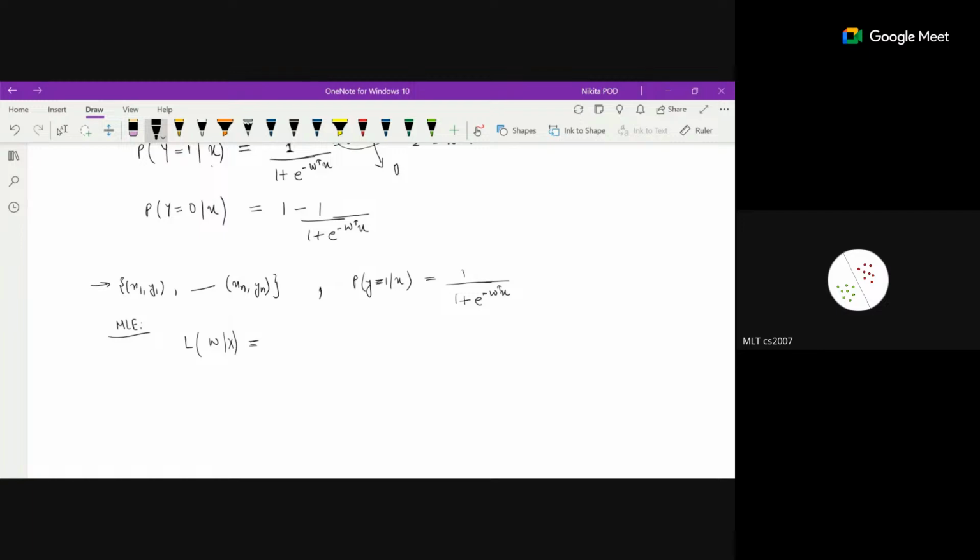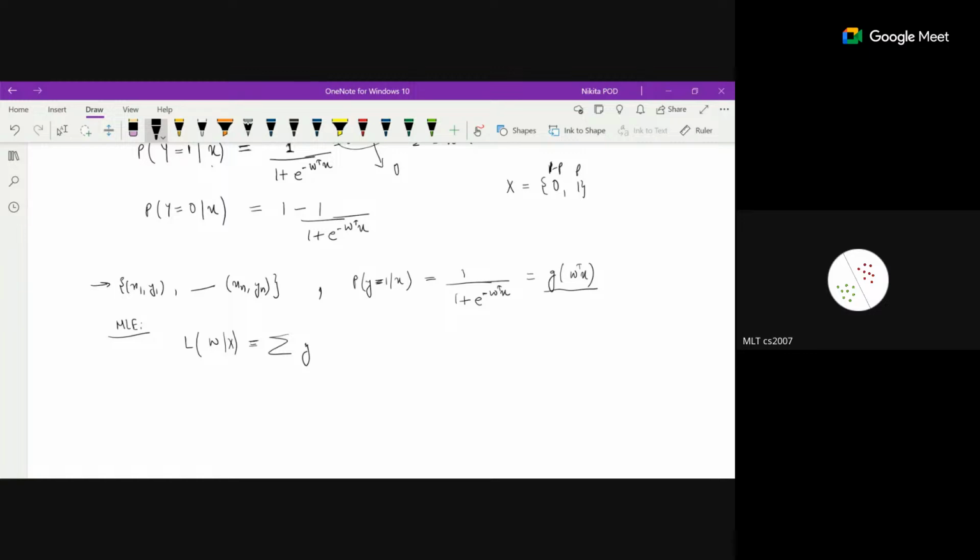When we have a Bernoulli kind of distribution, the likelihood function can be given by, let's call this g of W transpose x. So this is basically a probability. If I write the Bernoulli distribution, suppose I have x, which takes the value 0 and 1 with probability p and with probability 1 minus p.